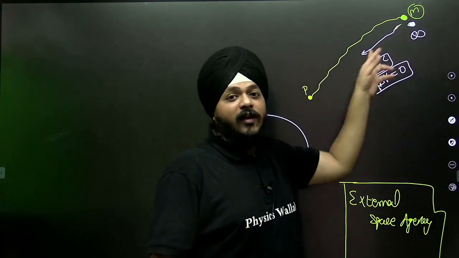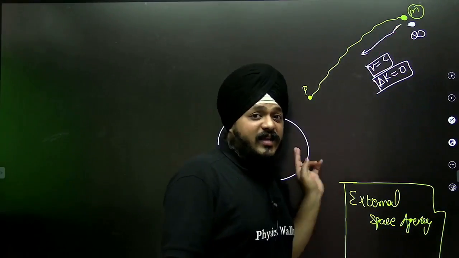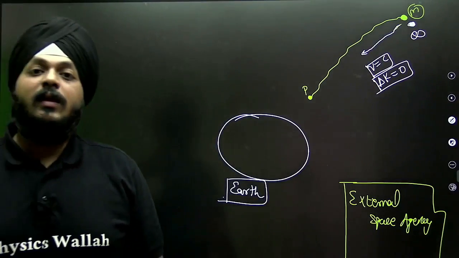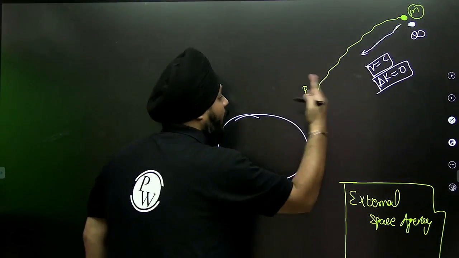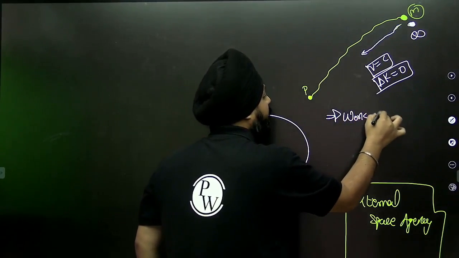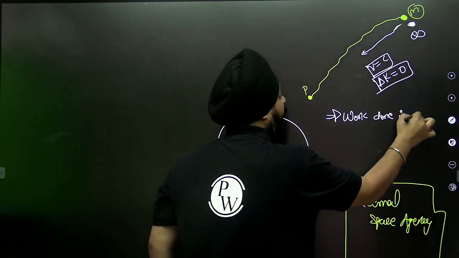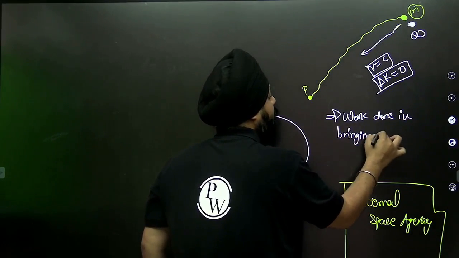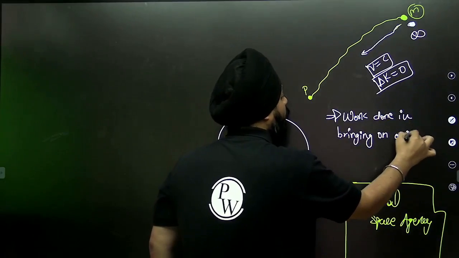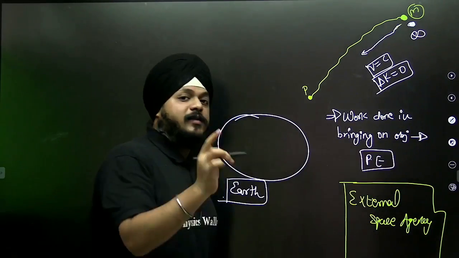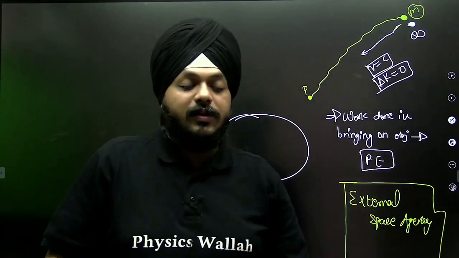So he is doing work against the gravitational field of the Earth. This kind of work is always stored in the form of potential energy. See, work done in bringing an object is always stored in the form of potential energy, defined as the gravitational potential energy.